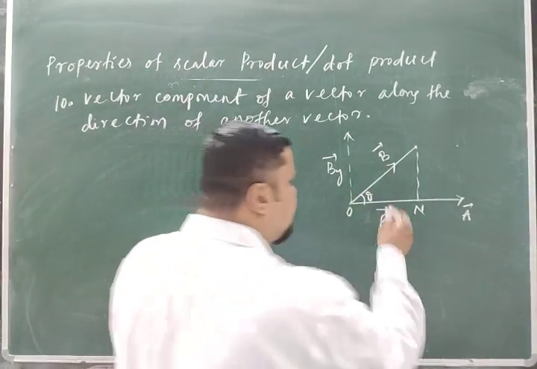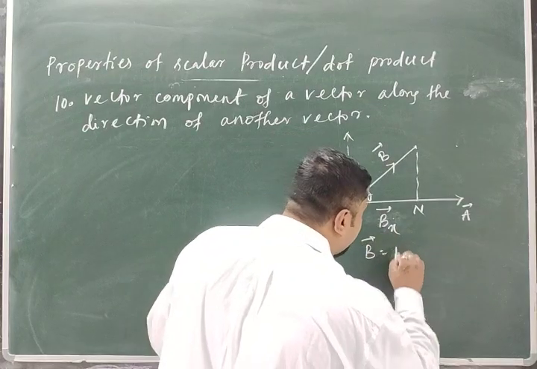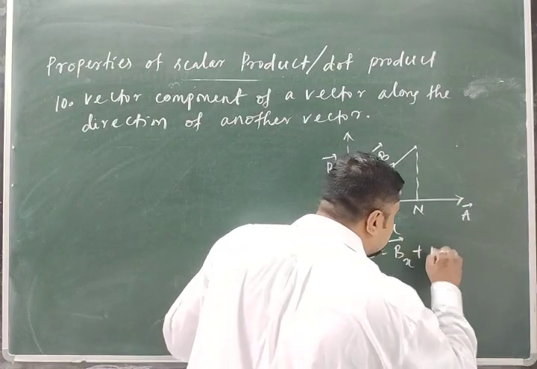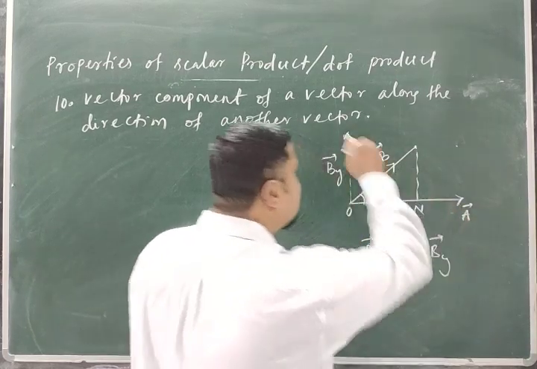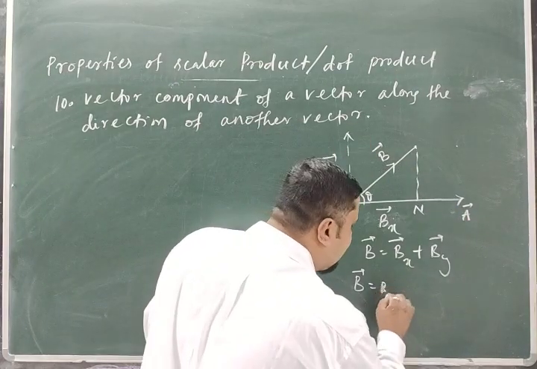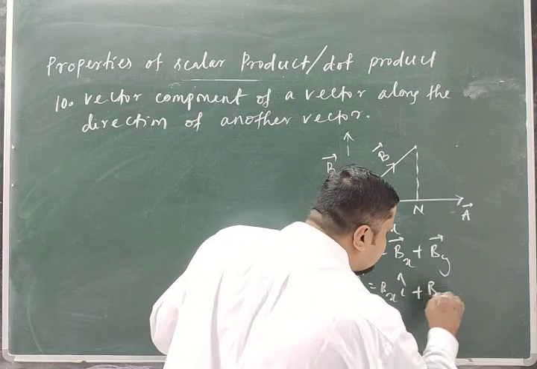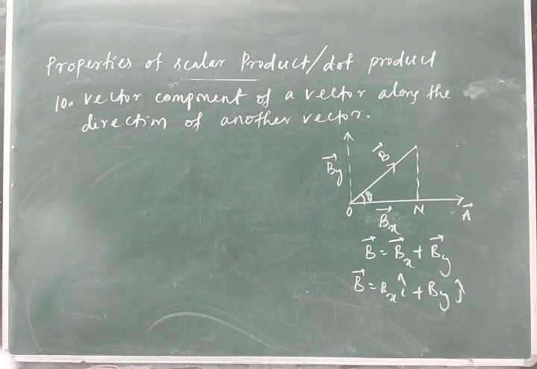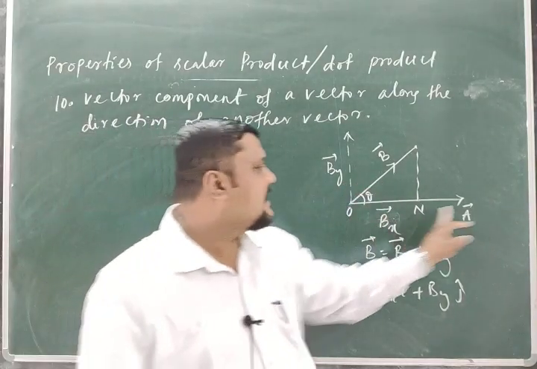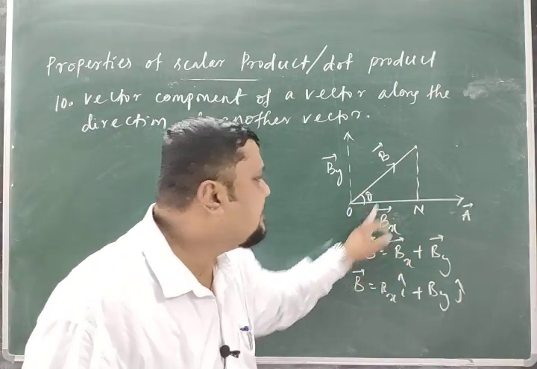We are writing B vector is equal to Bx vector plus By vector, or if this is your x-axis and this is the y-axis, perpendicular, you can write Bx i cap plus By j cap. From there we got that B along the direction of A means I want to find this Bx vector.